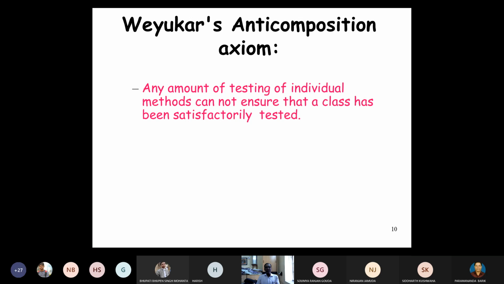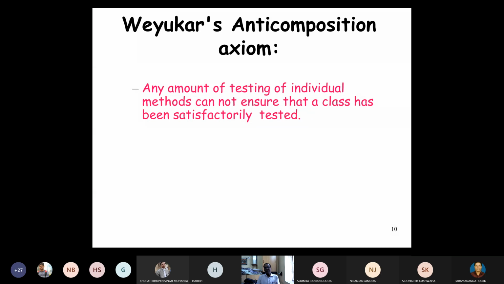This axiom says that any amount of testing of individual methods cannot ensure that a class has been satisfactorily tested. No matter how much effort you put into testing the individual methods, it cannot guarantee that a class has been satisfactorily tested. So you have to test a class thoroughly.